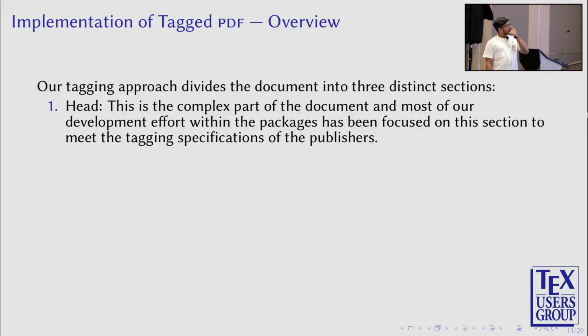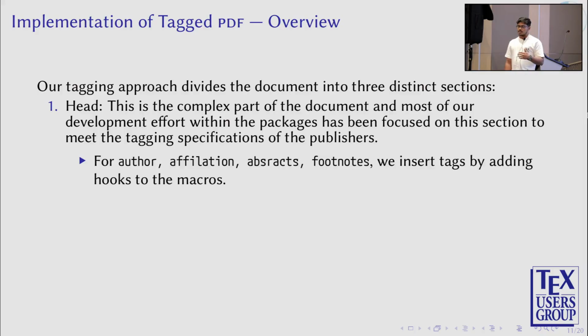The documents we handle, we divided into three areas: head, body, and tail. The most difficult portion in a research article is handling the header, because there are too many tags in the header portion, and we need to keep updating those extra tags.